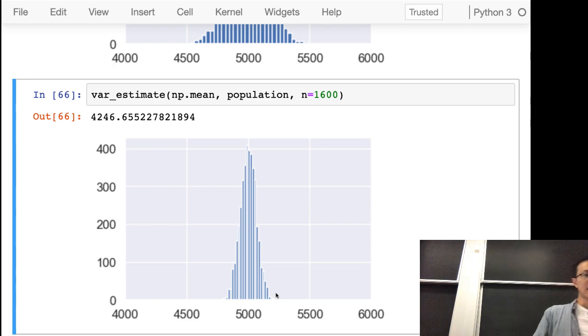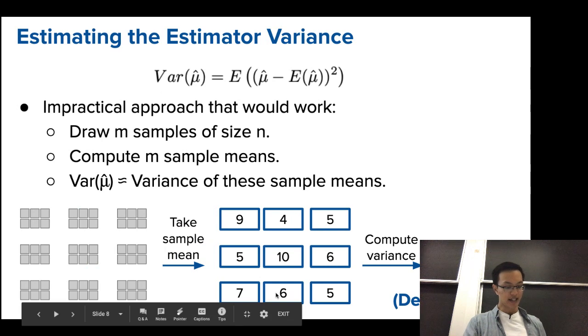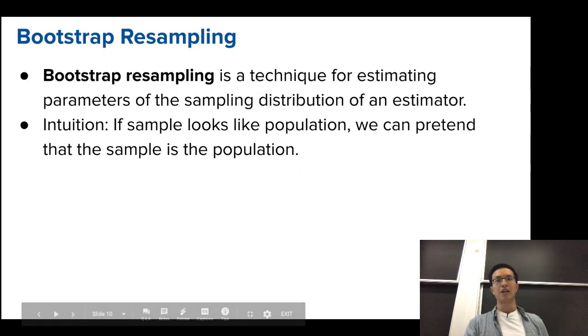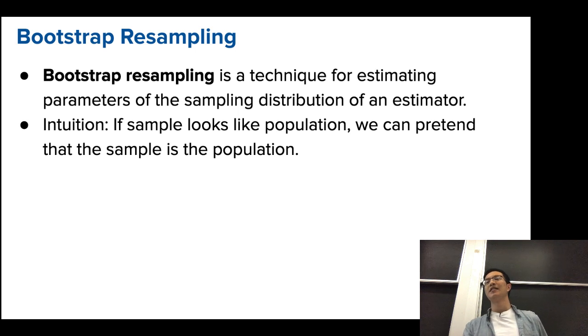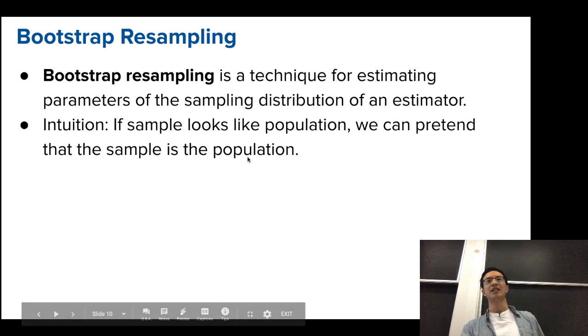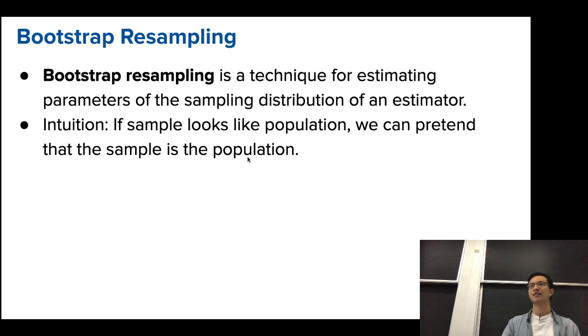Okay, and so the key idea behind the Bootstrap is that if our sample looks like our population, then we can pretend that our sample is the population. We can use what's called the plug-in principle and just say, well, these two things look close enough, so let's pretend the sample is the population and take more samples from our original sample.